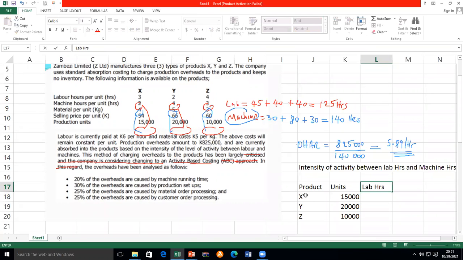Labor hours, it was 3, 2, and 4. Machine hours was 2, 4, and 3. Okay.